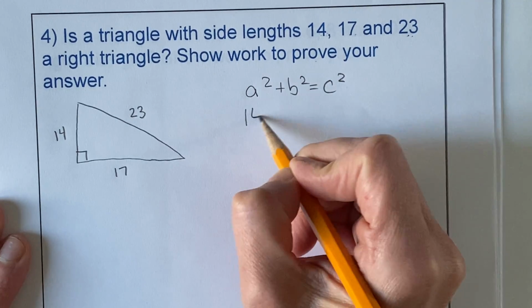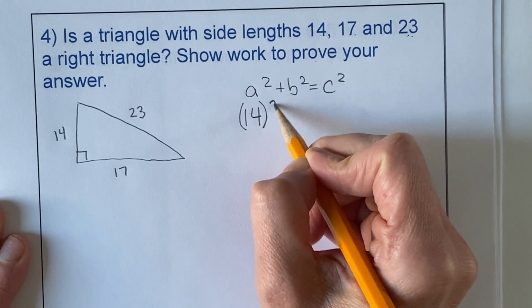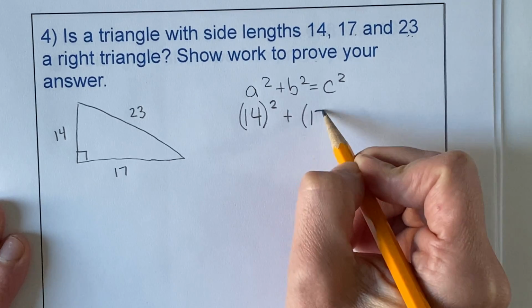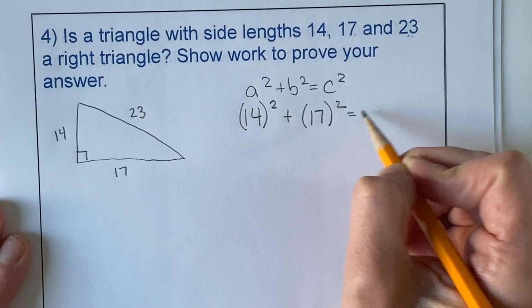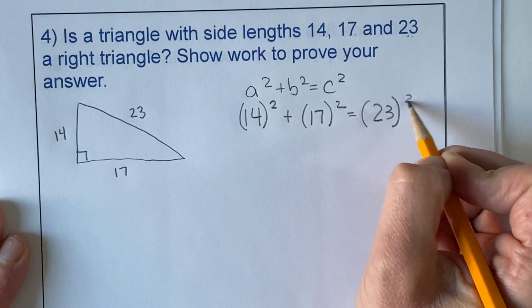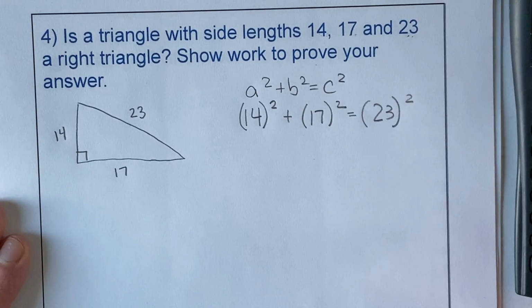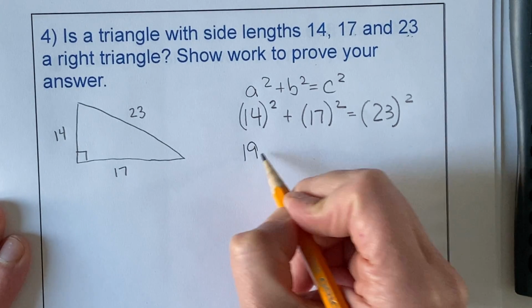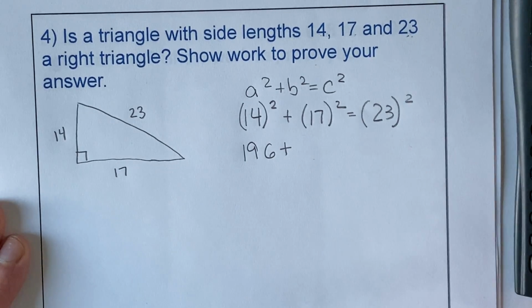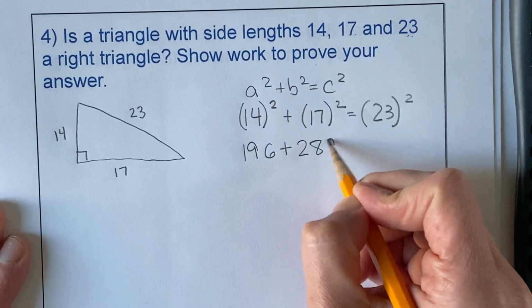Now I'm going to say, is 14 squared plus 17 squared 23 squared? I have my calculator and I already memorized 14 squared is 196. I did not memorize 17 squared.